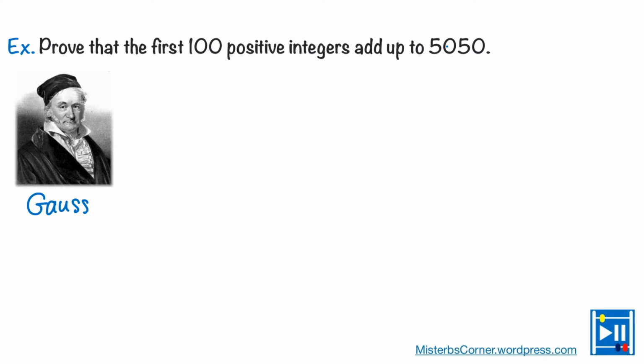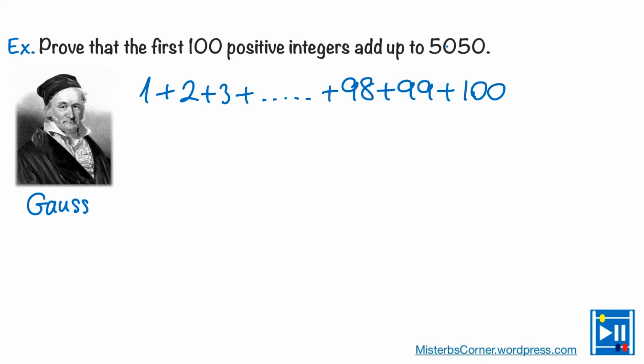Here's how it goes. So let's have the series written from 1 to 100 in addition, certainly not all of them, and then we are going to have the same series, the same sum written backwards. So it's going to be 100 plus 99 plus 98 plus and so on, down to 3 plus 2 plus 1.